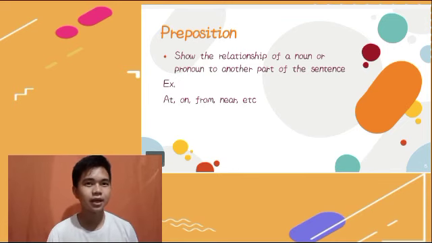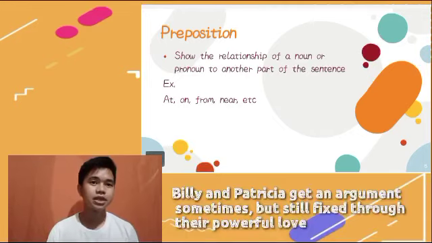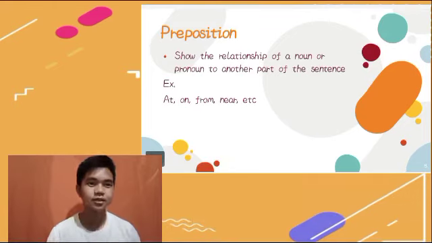It will be something like at, on, in, from, near, and many more. For example, Billy and Patricia get into arguments sometimes, but still fix them through their powerful love. In this sentence, the preposition we used is the word through because it shows the action that the nouns experience.